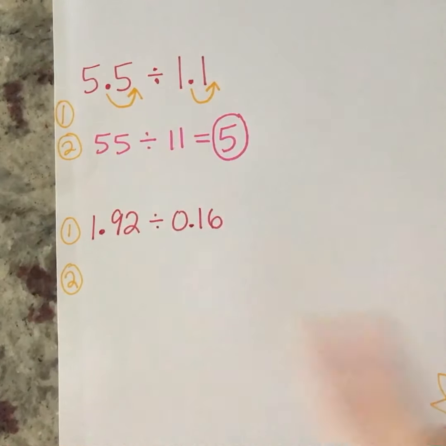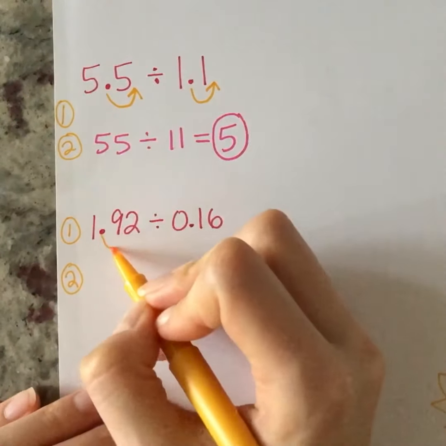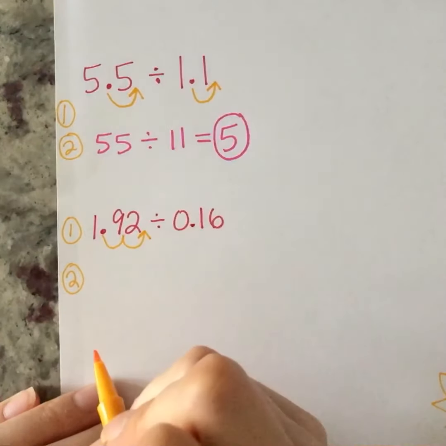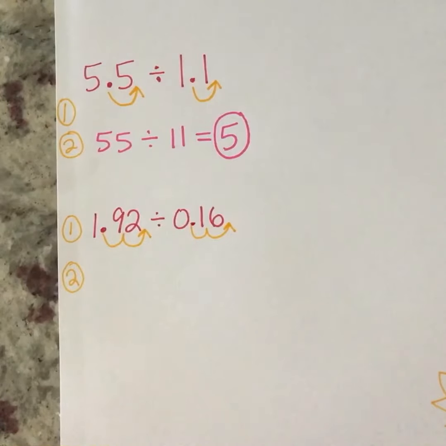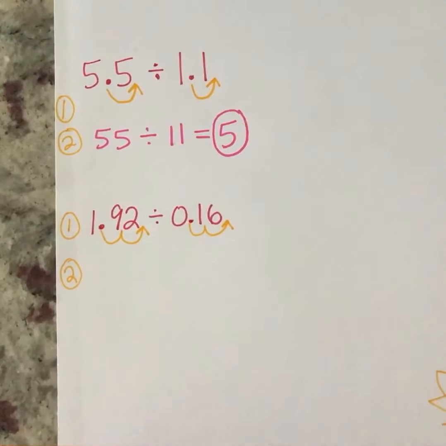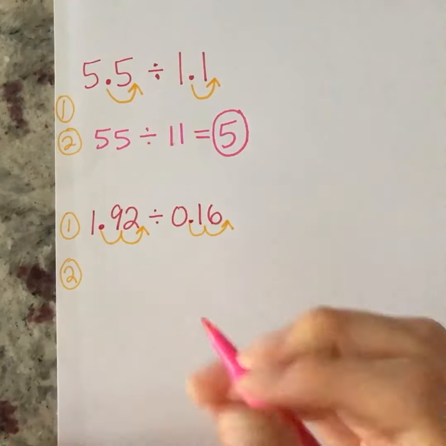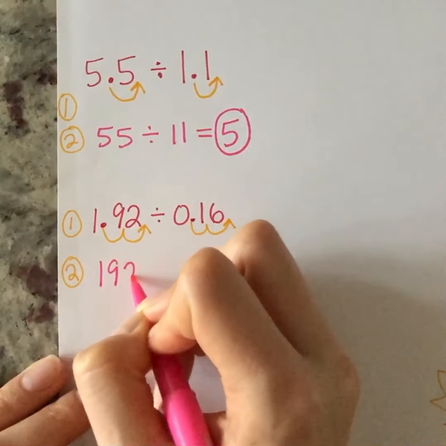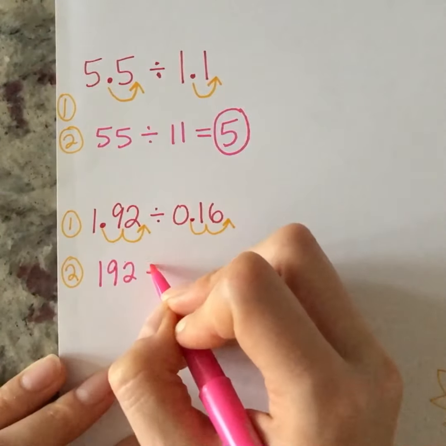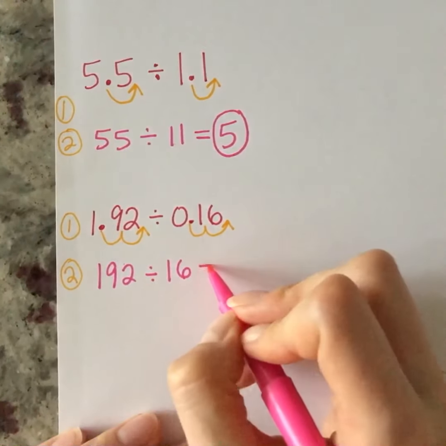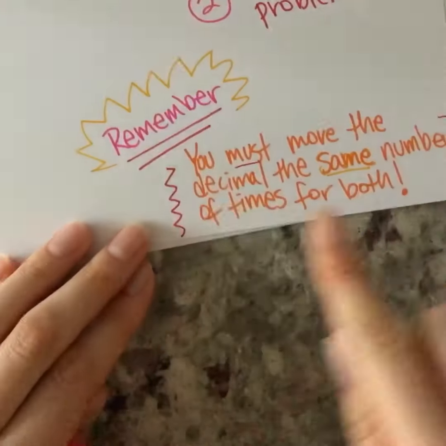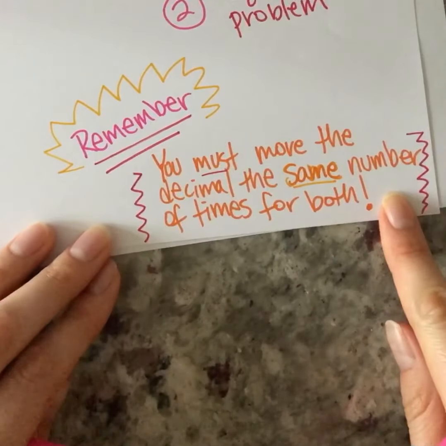Now, to make each of these whole numbers, we need to move our decimal place 2 spaces to the right, which is the equivalent of times 10 squared, or 10 to the second. So our equivalent problem will be 192 divided by 16 equals. Remember, we did move the decimal place the same number of times for both.